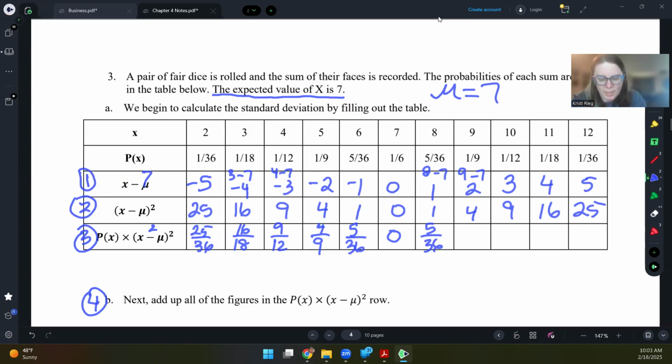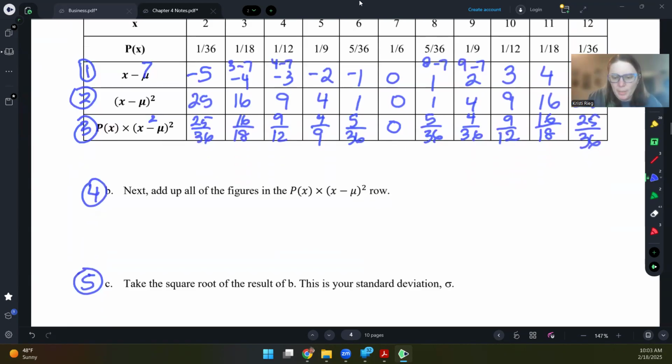The probabilities had a pattern where they went big to small, and step 2, row 2, had a pattern where it went 25, 16, all the way down to 0, and then back up to 25. So since they both have patterns, the products repeat: 9 over 12, 16 over 18, and 25 over 36.